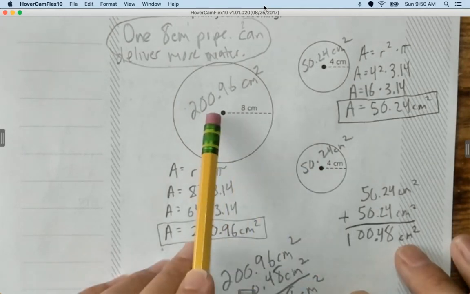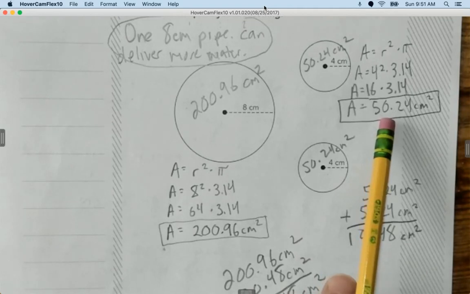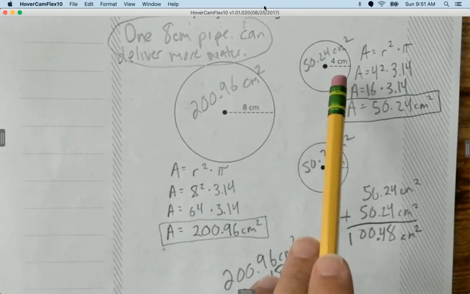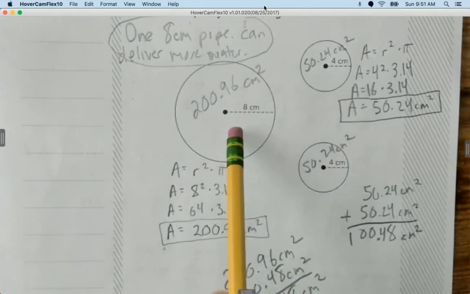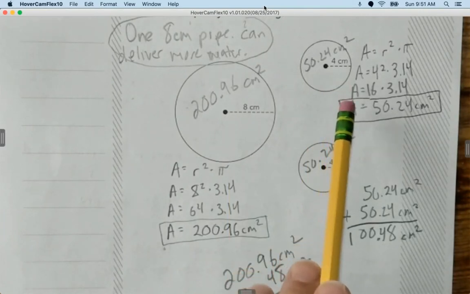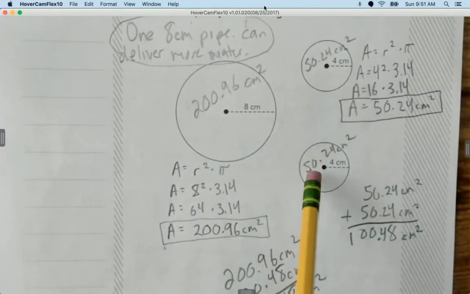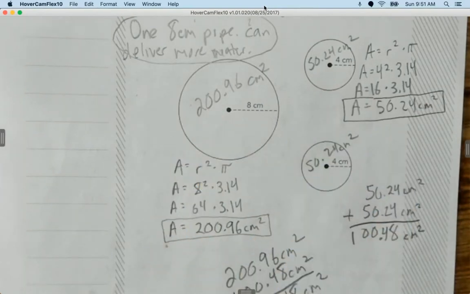And that was true here. If I took 50.24 centimeters squared and multiplied it by 4, I would get 200.96 centimeters squared. So the radius ratio is 1 to 2, but the area ratio is 1 to 4, and so I would need 4 of the 4 centimeter pipes to equal the same area as the 8 centimeter pipe.